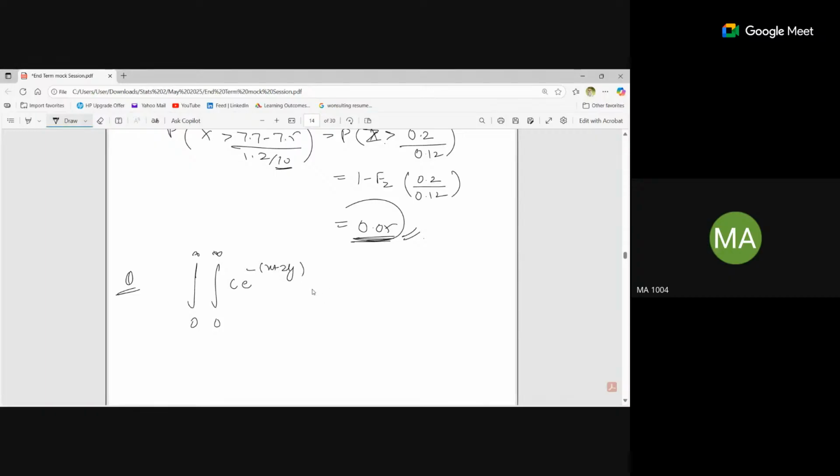You first find the value of C. Then, once you have C, you calculate the marginal distribution of X by integrating with respect to Y.